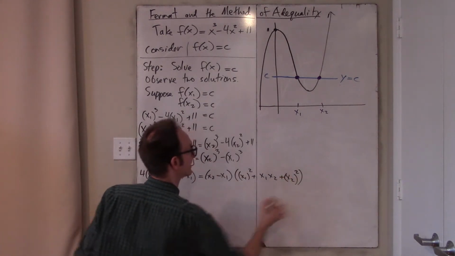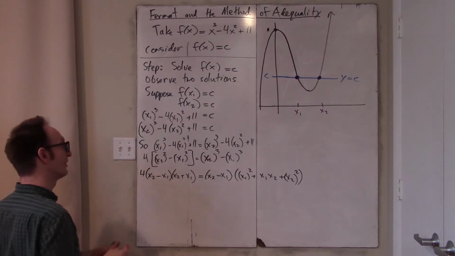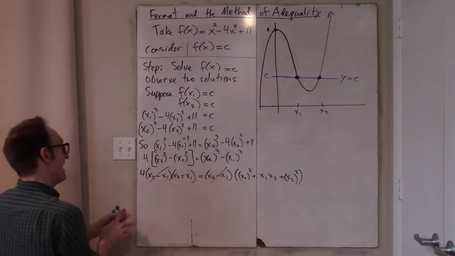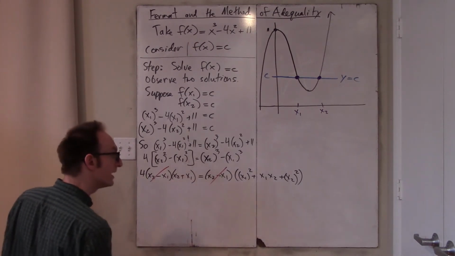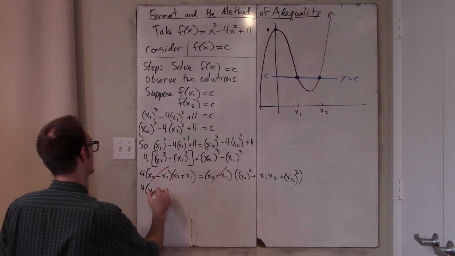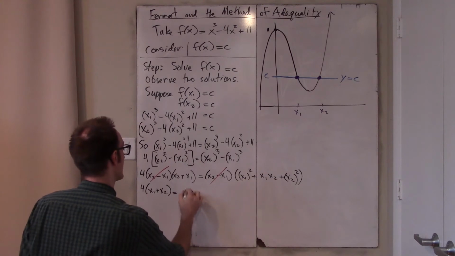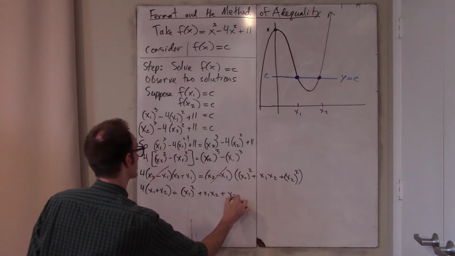Okay, and now we do that same move, which is to divide by x2 minus x1. And, okay, what do we have? I have 4 times x1 plus x2 equals x1 squared plus x1 x2 plus x2 squared.